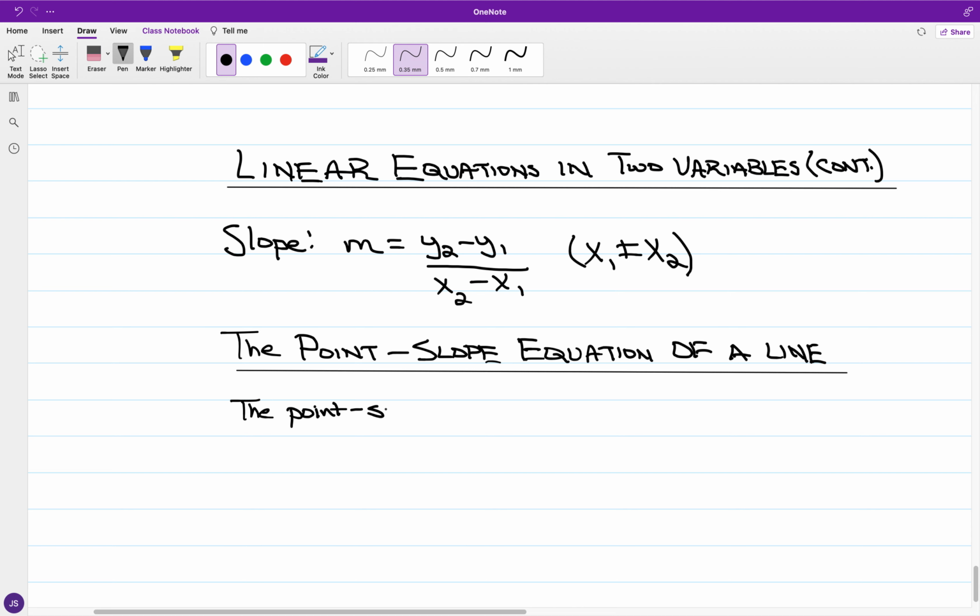And we have now the point-slope equation of a line with slope m that runs through a point.